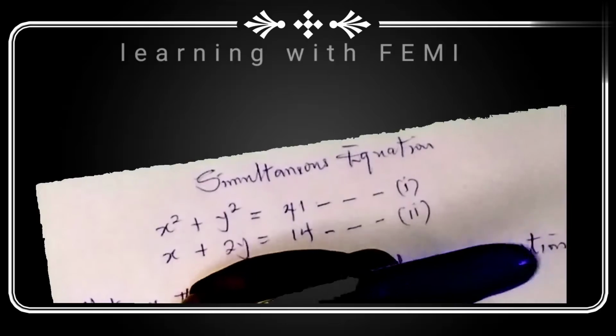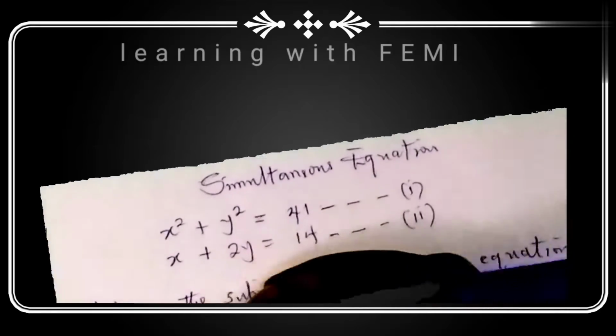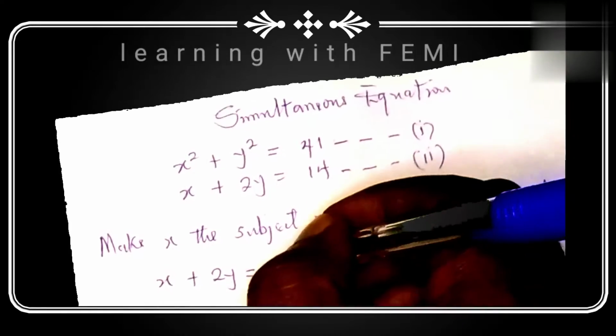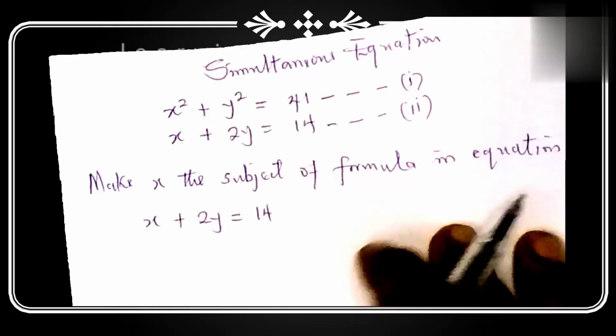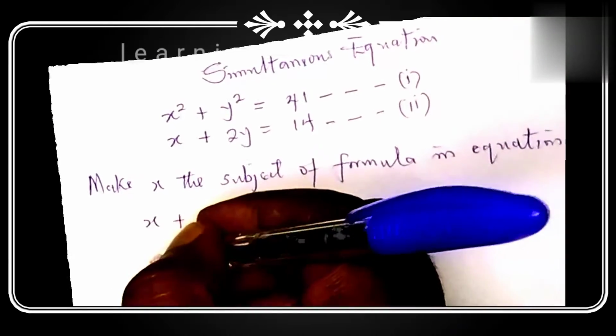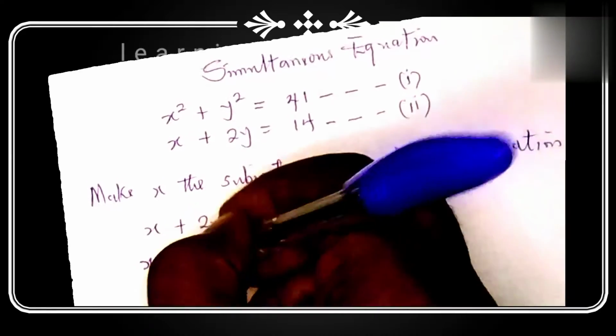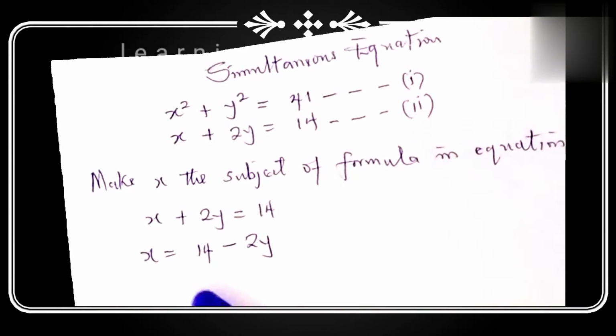Now, equation 2 says x plus 2y equals 14. Therefore, we are going to say x equals 14 minus 2y. Simple algebra.